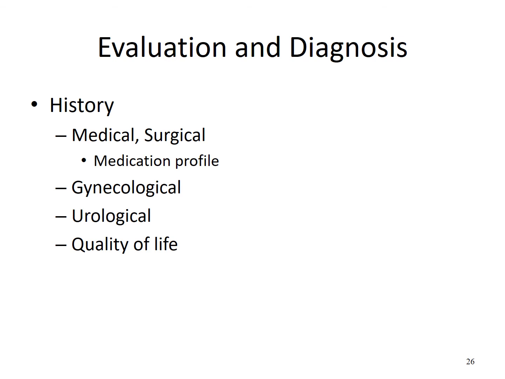The workup for lower urinary tract symptoms is quite extensive. We don't just look at the bladder, and we don't just ask about their bladder symptoms. We go through a whole medical history, because there may be a medical condition that is affecting the bladder. There might be nothing wrong with the bladder itself, but it's another condition, such as their heart failure and their volume overload.